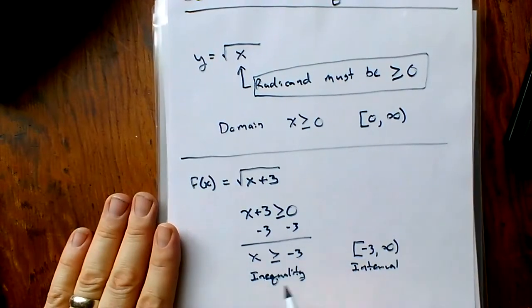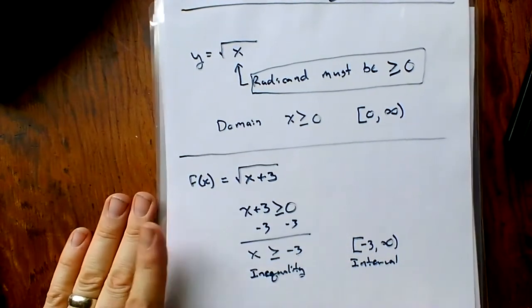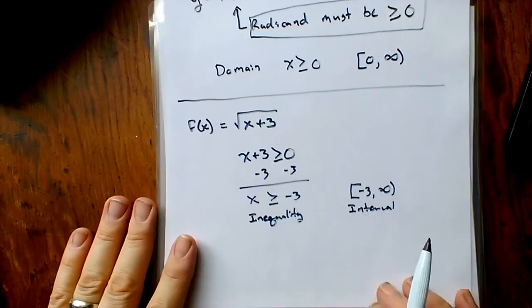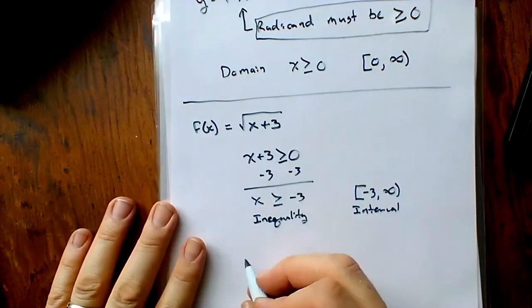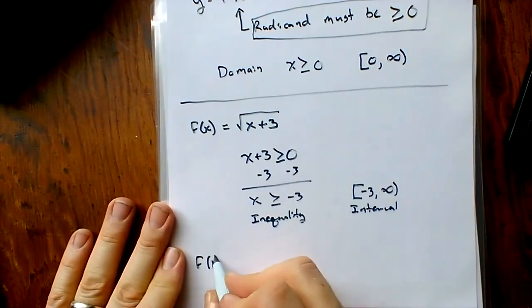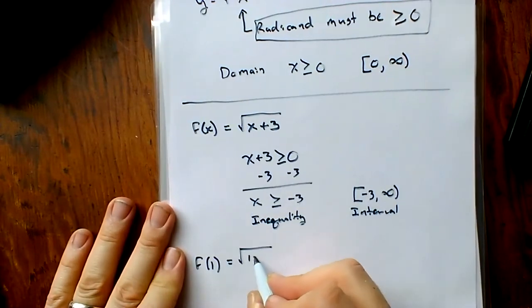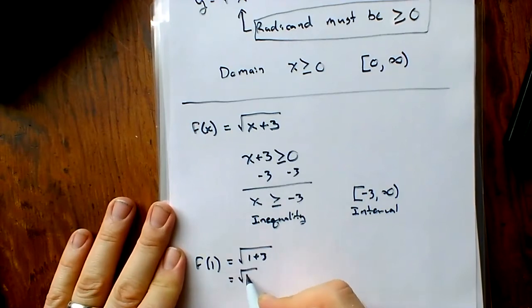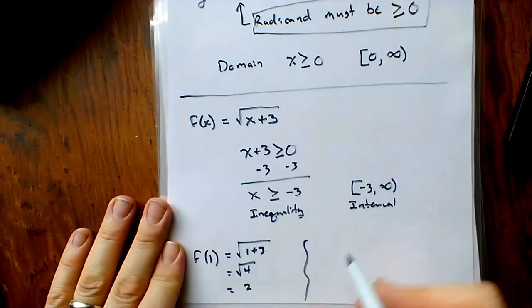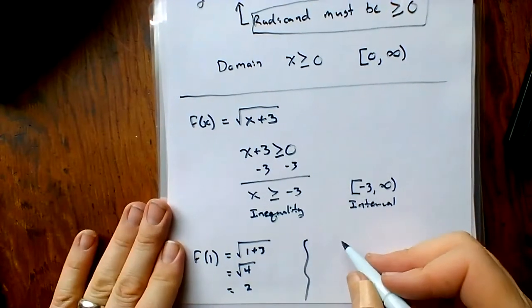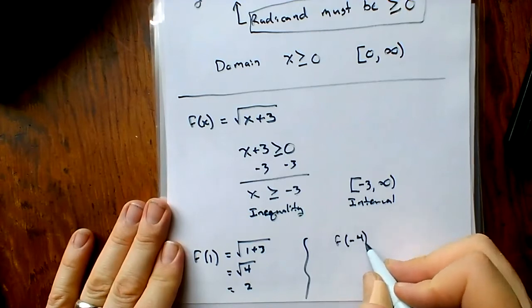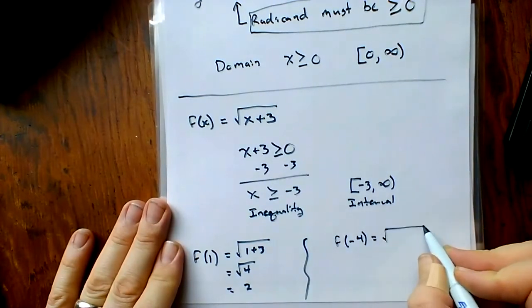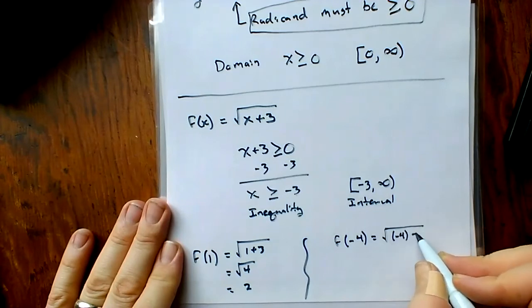Now, if I wanted to, I could check our answers. Say I checked x equals 1. f of 1 would equal the square root of 1 plus 3. It's the square root of 4. I even have an answer for that one. That's 2. Whereas if I tried to go outside that, say I said f of negative 4, that's going to be the square root of negative 4 plus 3.